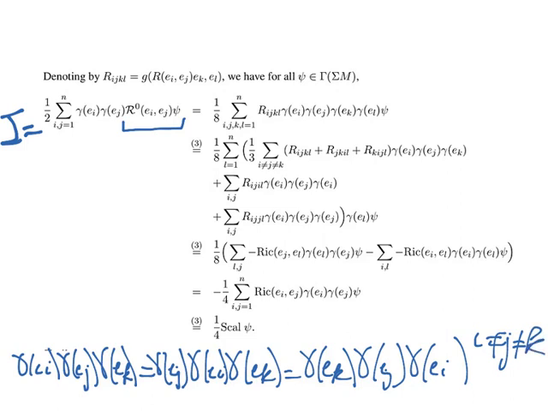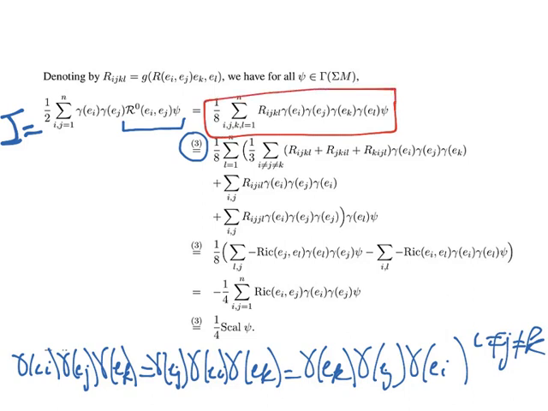And this comes from property 3 of the Clifford multiplication, which is gamma x gamma y plus gamma y gamma x is minus 2 the scalar product of x and y. So that's why I'm going to divide this sum here in red into several parts.